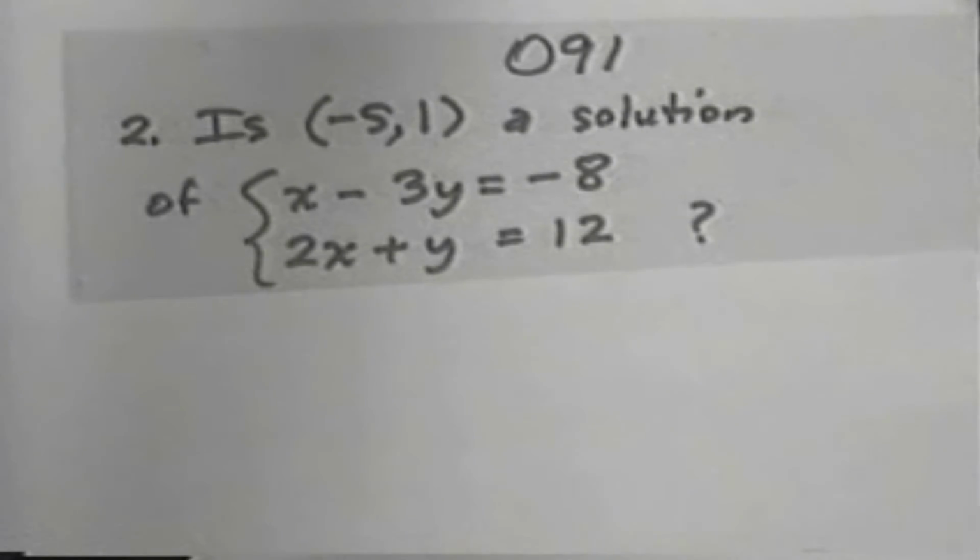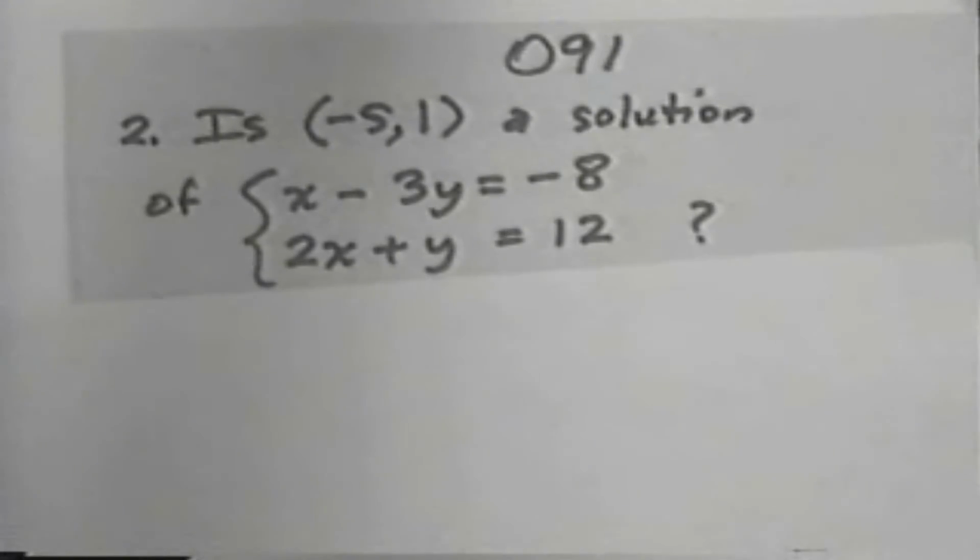Let's try another. Is -5, 1 a solution of x minus 3y equals -8, 2x plus y equals 12?